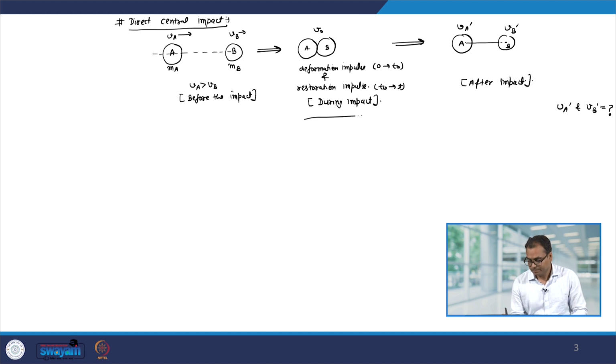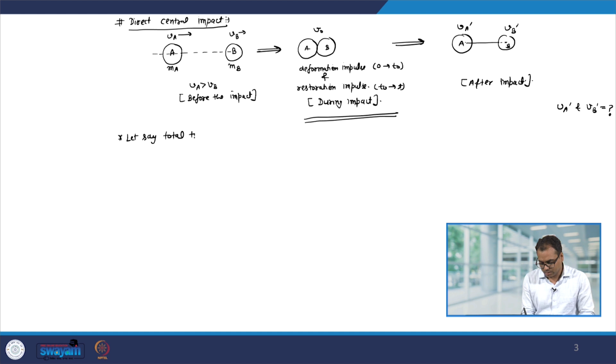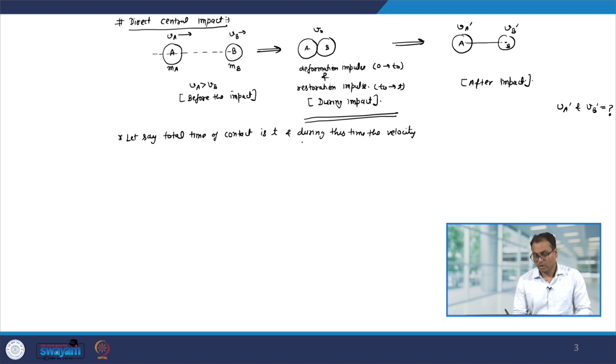As I said, let us say total time of contact or impact is t, and during this time the velocity of A and B is v naught, and the deformation time is t naught and the restitution time is from t naught to t. So, let us use the impulse momentum relation.